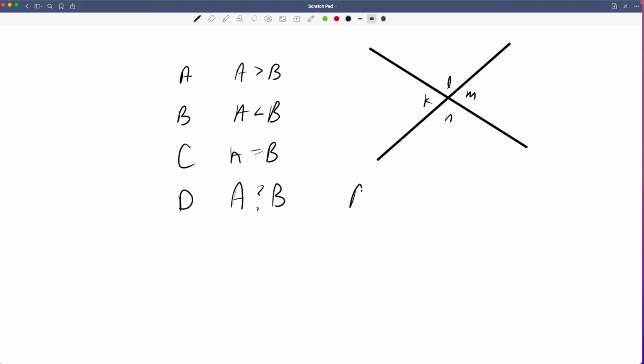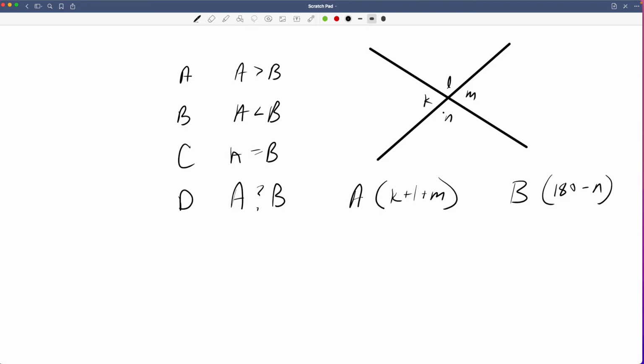And you were told that A was K plus L plus M and B was 180 minus N. The quantitative comparison was to compare the 2 and to see what the relationship was.